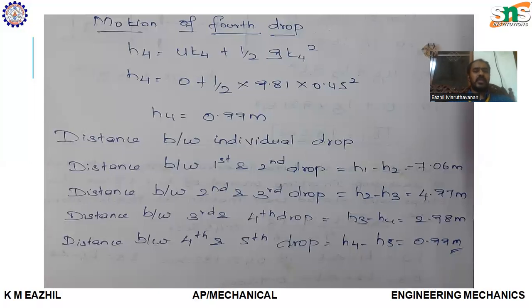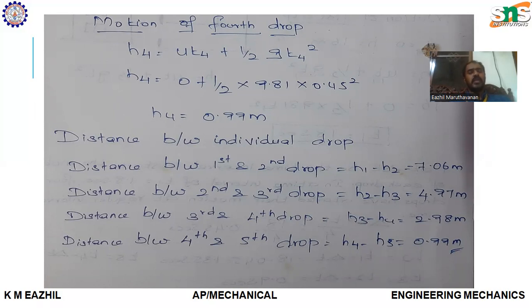And to find the height of the fourth droplet, we substitute the T4 value in the equation. H4 is equal to u T4, where the initial velocity for this drop will also be 0, plus half into 9.81 into 0.45 square. We get H4 as 0.99 meter.